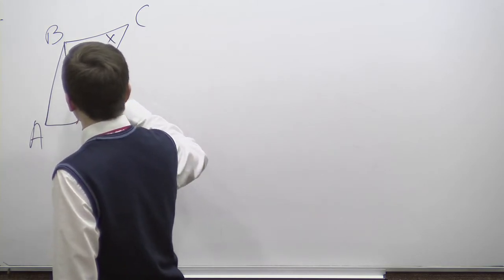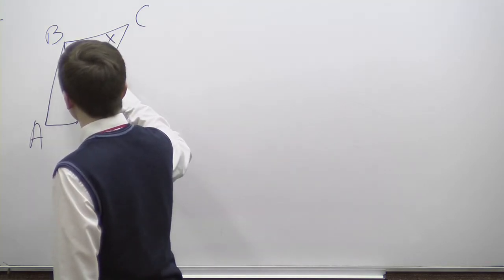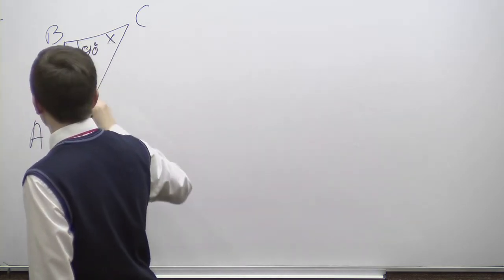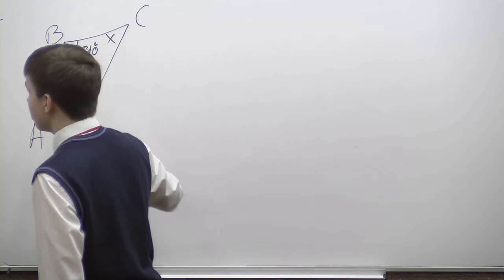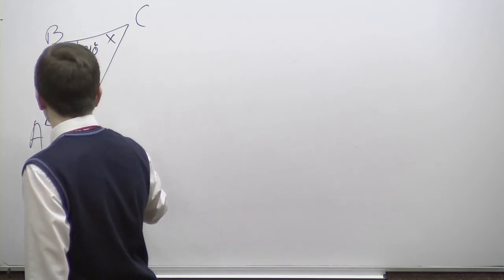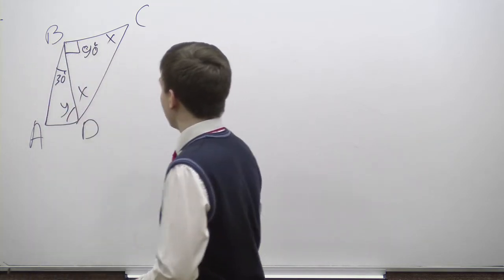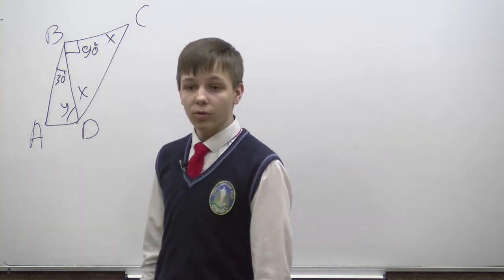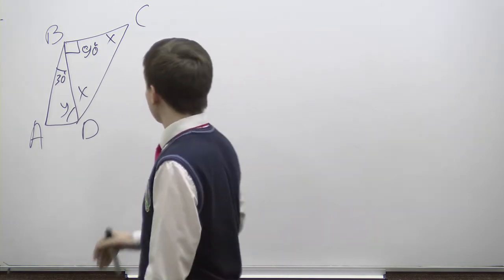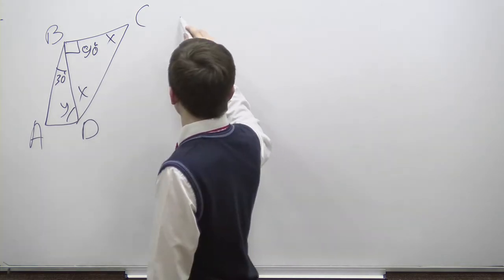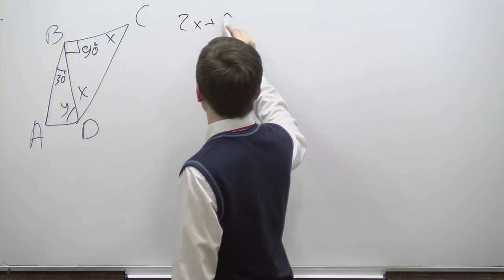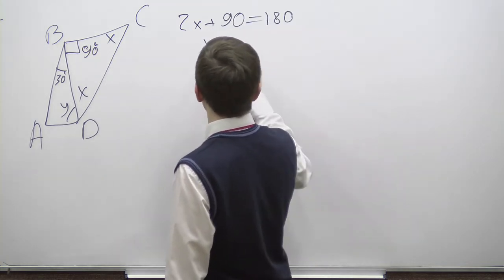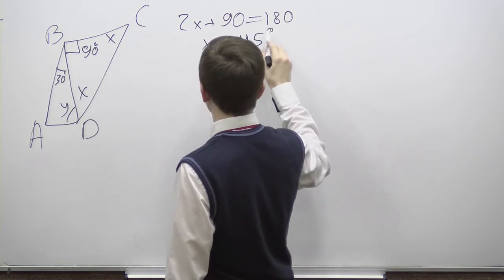Then angle DBC equals 90 degrees, and angle ABD equals 30 degrees, and angle ADB equals y degrees. So we can use the theorem about the sum of interior angles of a triangle. So we make the equation 2 times x plus 90 equals 180. So x equals 45 degrees.